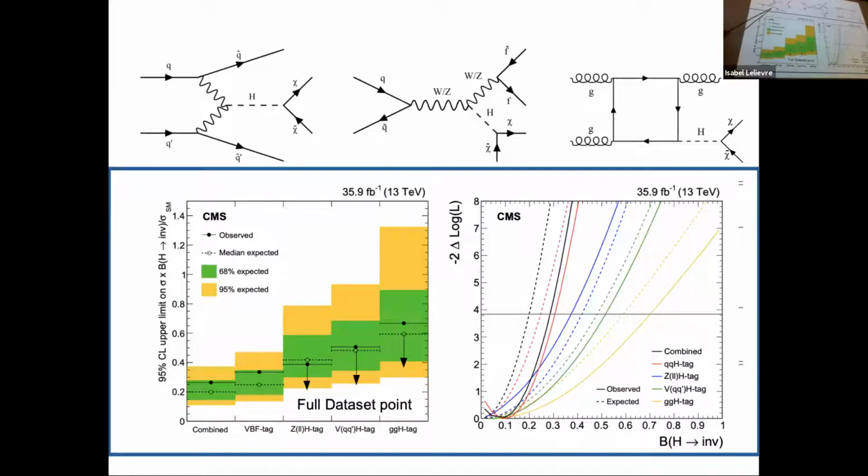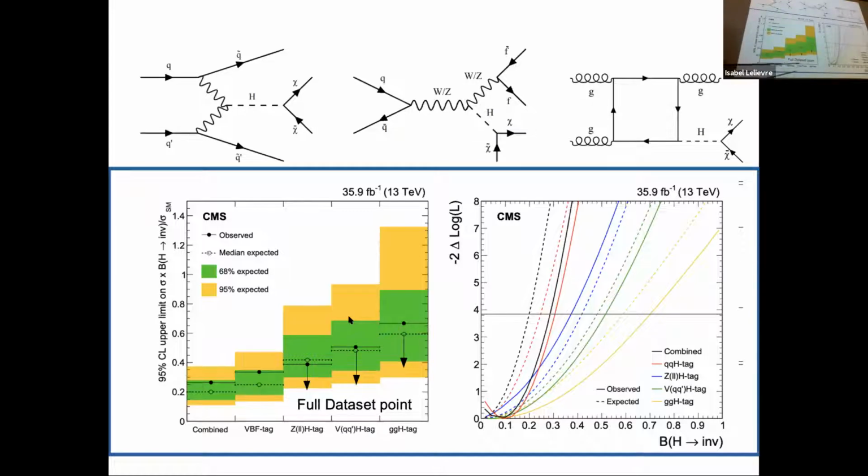So it's vector boson fusion, Higgs to invisible, where the Higgs decays invisibly and the Z or the W decays to quarks or leptons. And then you have Higgs to invisible monojet, where the Higgs goes to invisible and you just radiate a jet. All of these have different sensitivities, and you can look at which ones are more important.